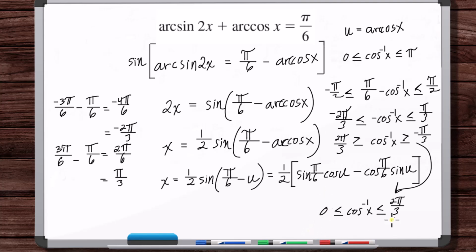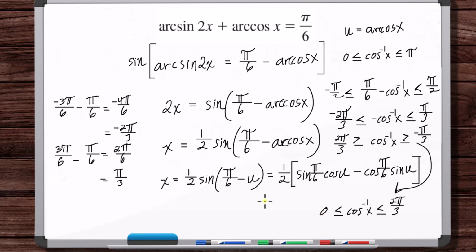Now ideally, what we would typically see with an example like this is that at this step we would have constrained the outputs of arc cosine x, based on the problem, to a certain quadrant, because this is an angle, right? It's u. U is an angle. We would have constrained it to a certain quadrant.